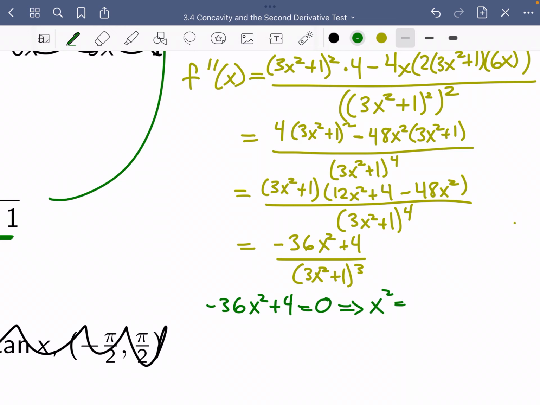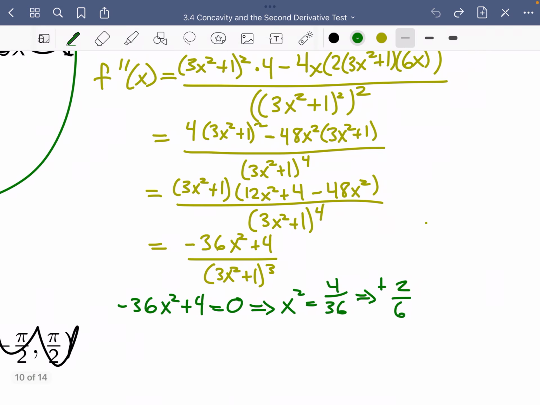That's going to be 0 if x squared is, let's see, I suppose 4 over 36. Actually, let me back that up. So then x squared is 1/9.